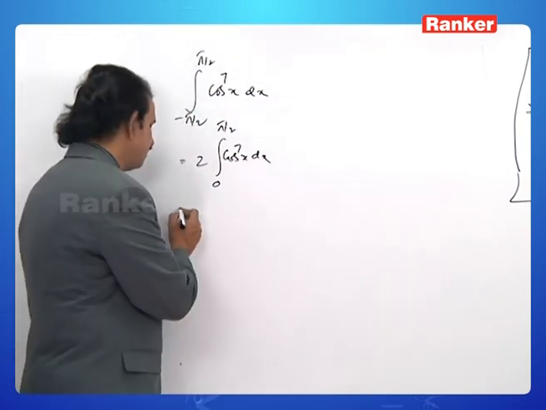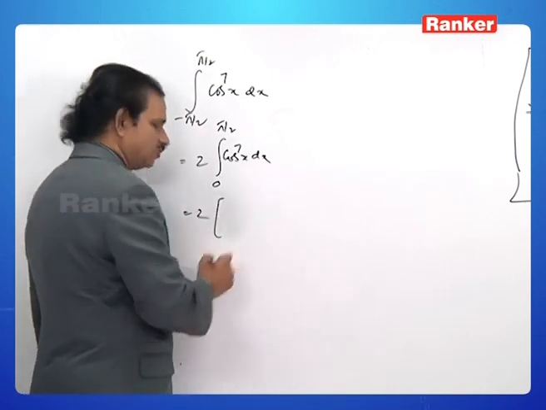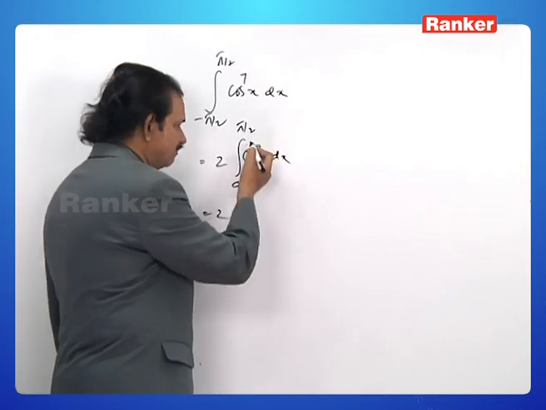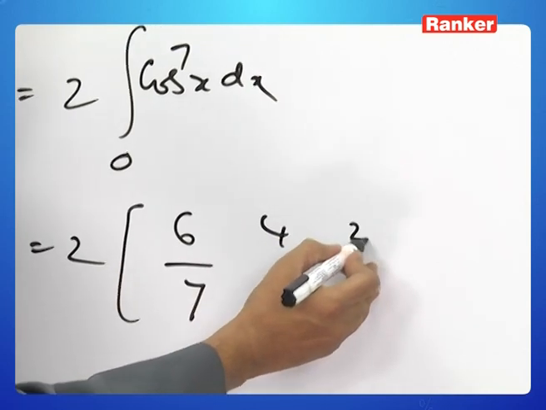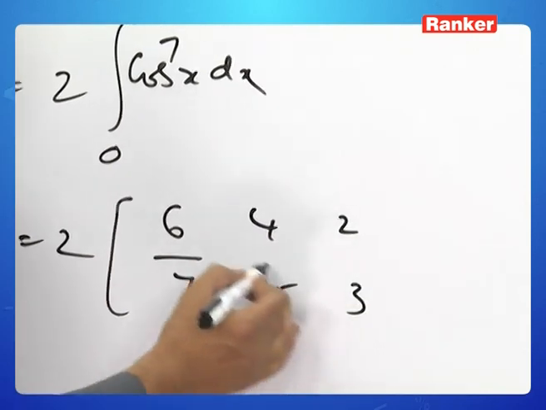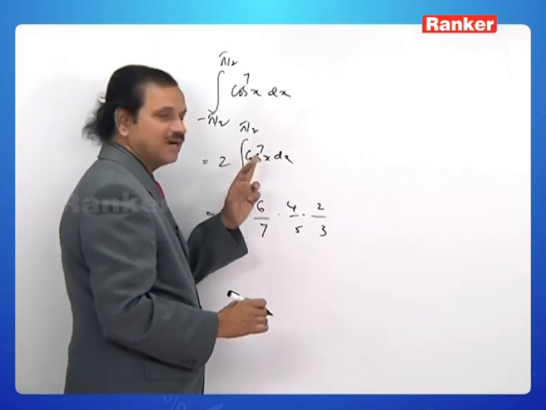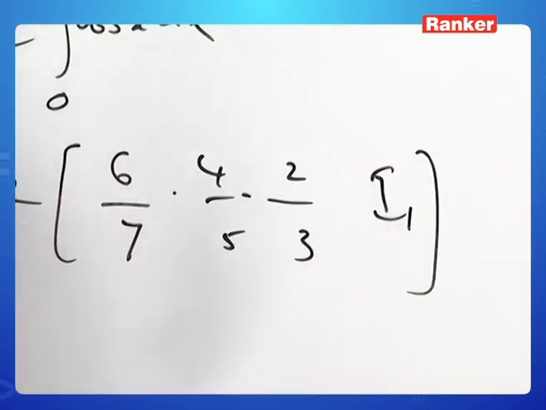Well, let us simplify with the usual procedure. What is that usual procedure? Starting step, come on. N minus 1 by n. What is n minus 1? 6 by n. Then 4, 2 over 5, 3. Okay. This is odd. 7 is odd. So we have to take I1 at last.